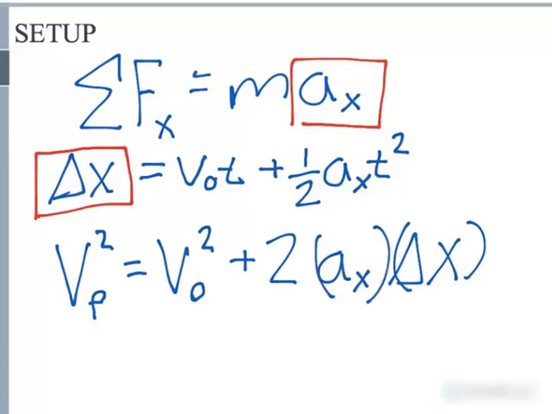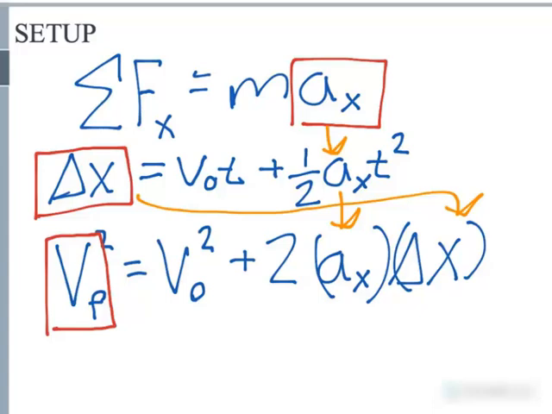If you note, each of these equations is going to have the variables plugged into the one below it. So if we want to solve this problem, the first one we have to tackle is the acceleration, then we have to find the distance, and then we can find the velocity. Let's go ahead and start to evaluate these now.